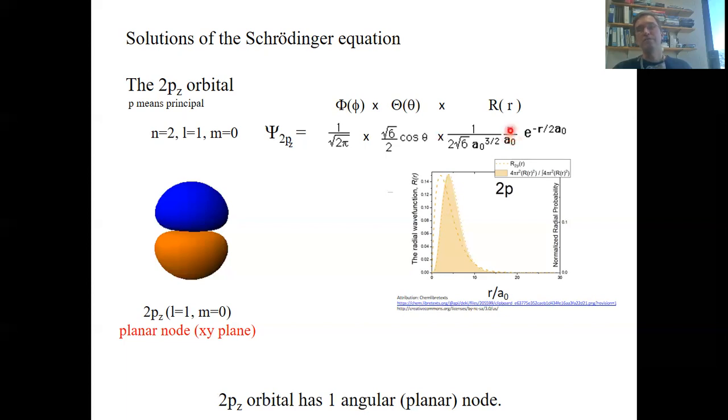It implies that when we look at the probability to find the electron at a particular point in space, it's not the highest at r equal to 0 anymore, because at r equal to 0, due to this term here, the entire wave function becomes 0. Okay, so that's an important difference to the s orbitals.